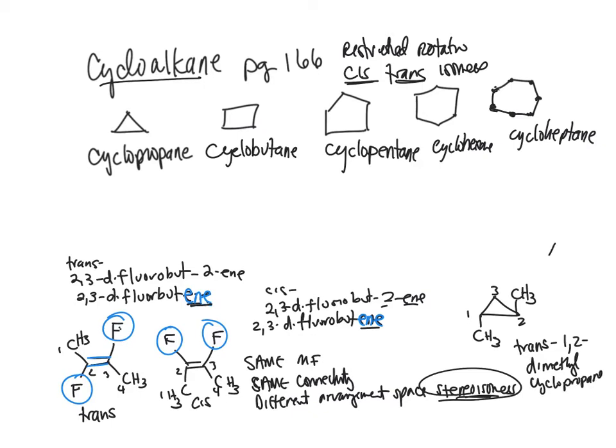Okay, and this one here would be cis-1,2-dimethylcyclopropane. So that's where you capture the cis and the trans. Trans means they're on opposite sides of the molecule. Cis means they're on the same side of the molecule. So you have to be aware of that with these cyclo compounds.